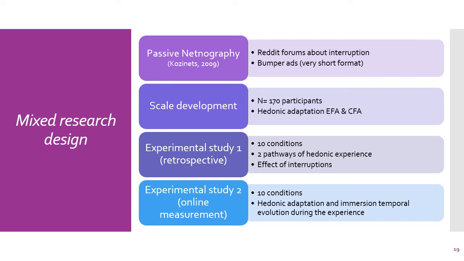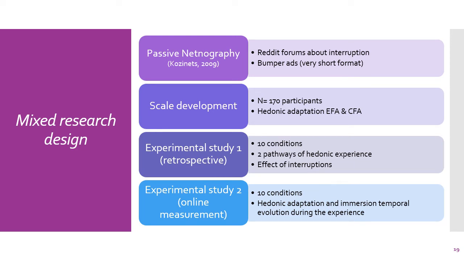Then we moved to developing a scale to measure hedonic adaptation because we didn't find this scale in the literature. Then we organized two experimental studies to better understand the effect of the type of content, narrative versus non-narrative, and the type of advertising in the beginning or in the middle on our participants.